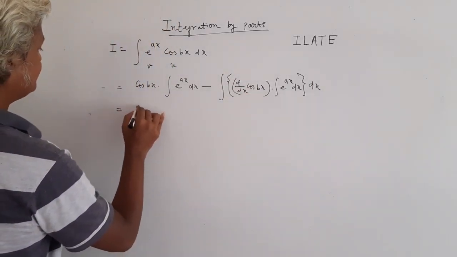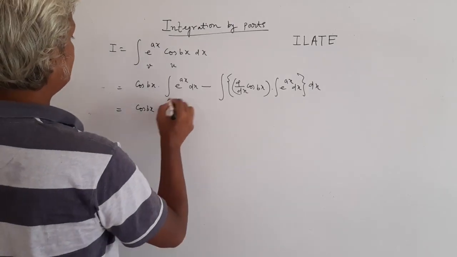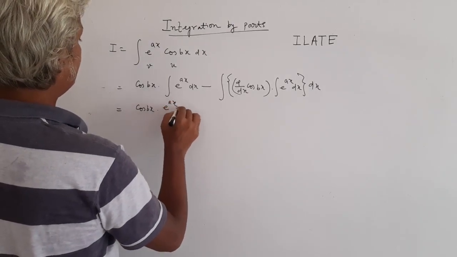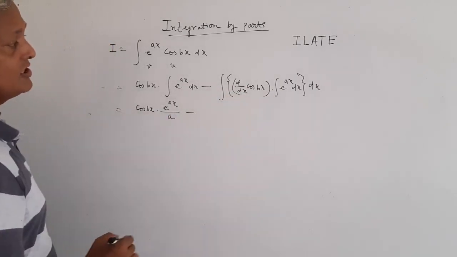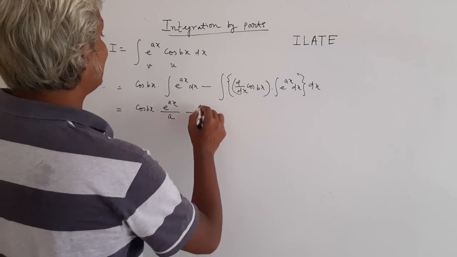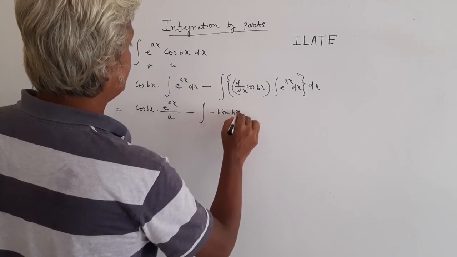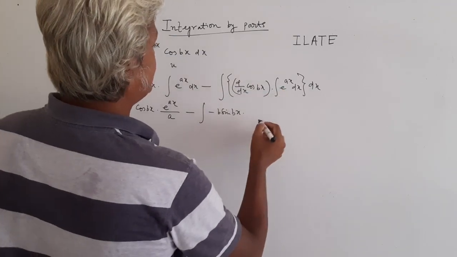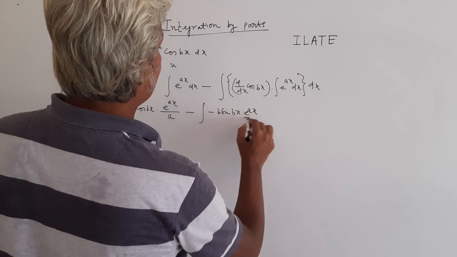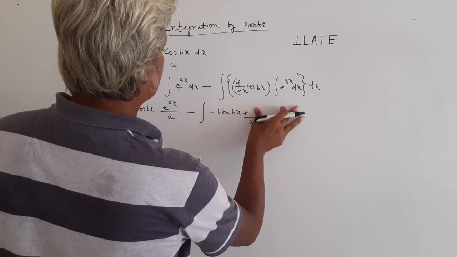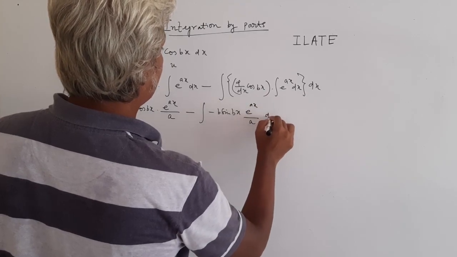So this is cos bx into e to the power ax over a minus differentiation of cos bx is minus b sin bx. So minus b sine bx, and integration of e to the power ax is as usual e to the power ax over a. So let me write nicely, e to the power ax over a dx.